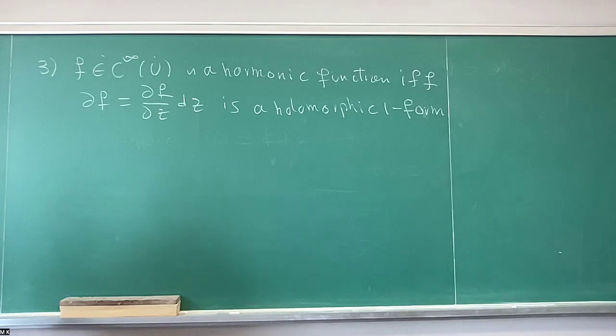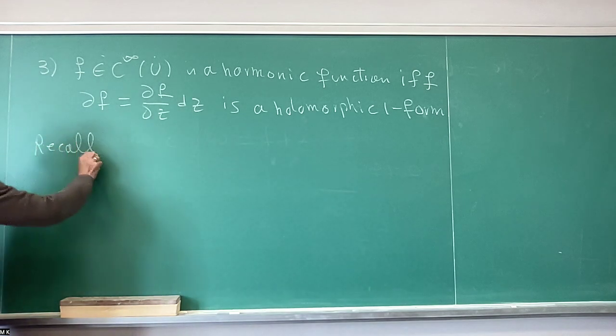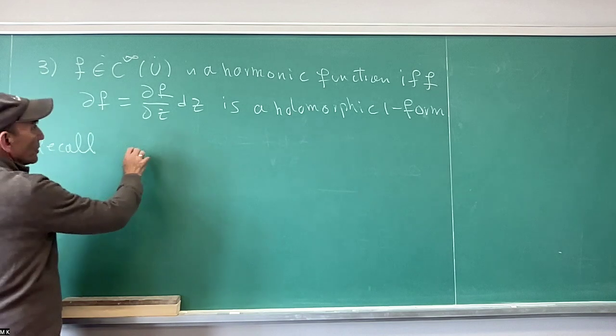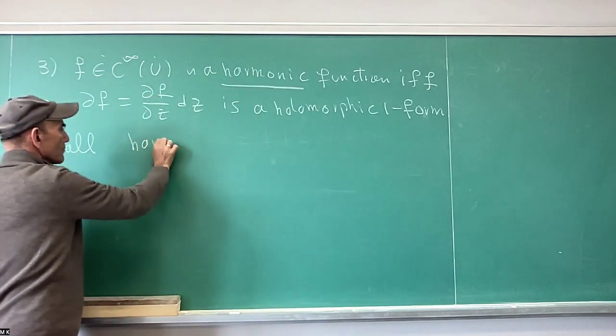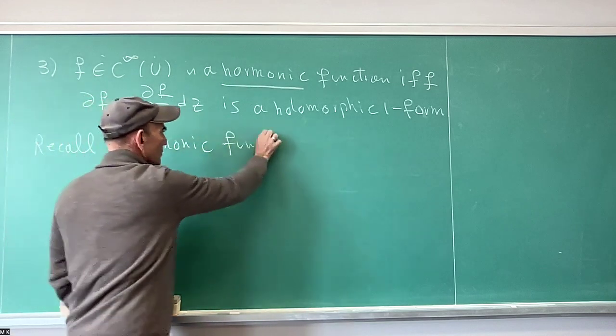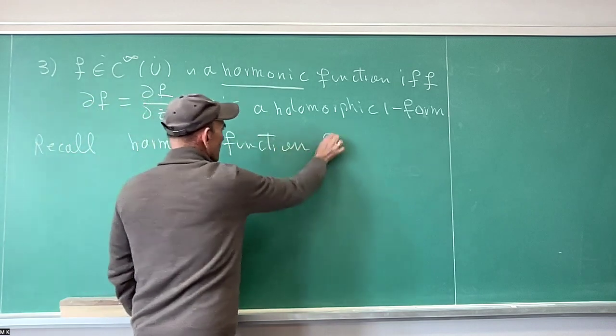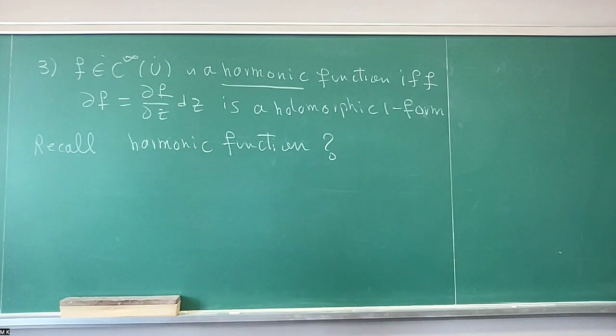Okay, so let's recall. Do you remember what harmonic meant? Do you remember the definition of a harmonic function? You differentiate twice with respect to x, twice with respect to y, and the sum is equal to 0.